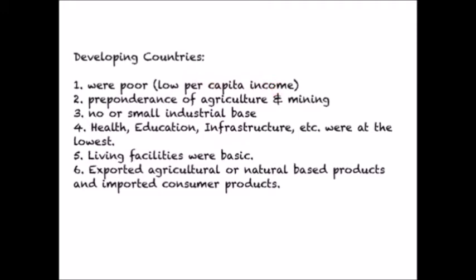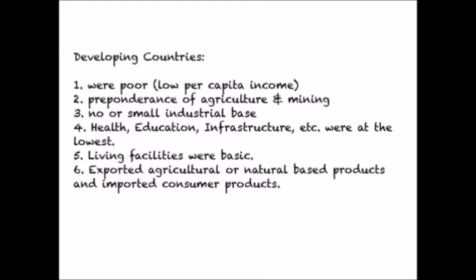These countries had a preponderance of agriculture and mining. What they didn't have is an industrial base. Either it was too small or just did not exist. If you look at other indicators such as those relating to health, education, infrastructure, etc., they were at the lowest level.